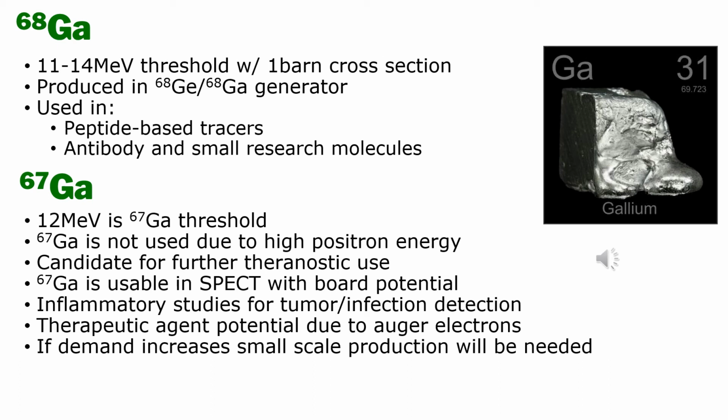Gallium-67 is an alternative for SPECT imaging, being used most extensively as gallium-67 citrate in tumor and infection detection. The most commonly used method for gallium-67 production is through irradiation of solid zinc-68 or zinc-67. The zinc-68 production requires a proton beam exceeding 10.3 megaelectron volts, with highest yields around 21 megaelectron volts.